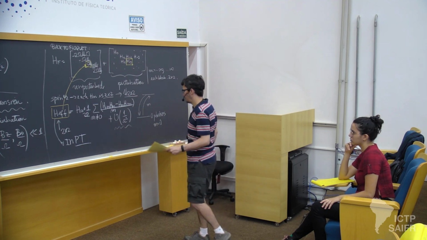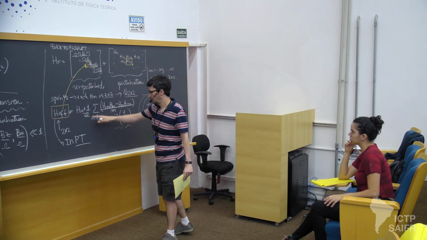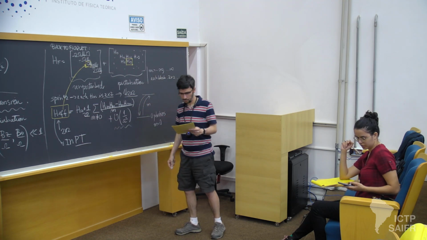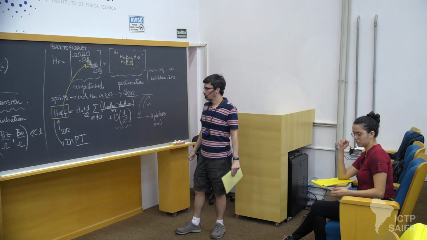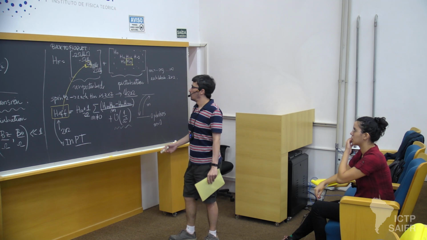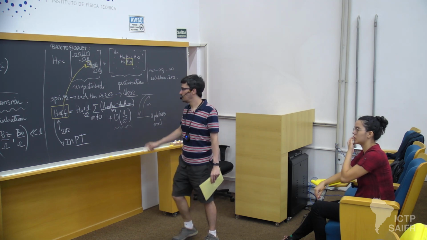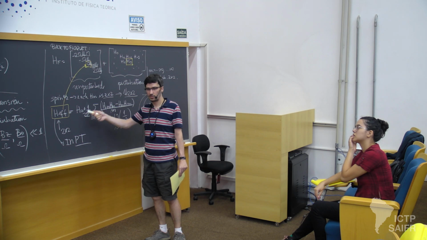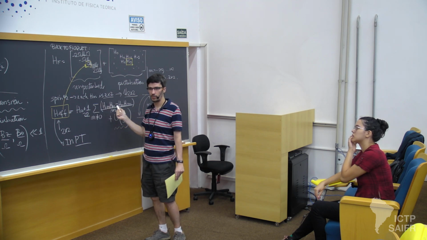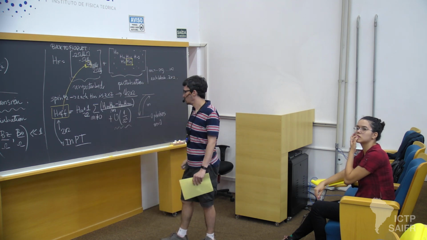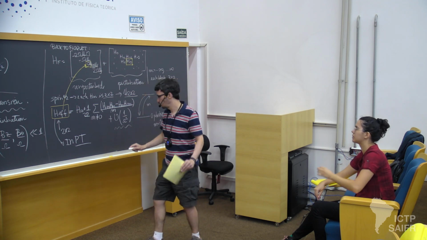We can discuss this in more detail later. I think it comes from the structure of the perturbation. It doesn't come from the energy denominators. I think it comes from this expansion in the perturbation theory. That's right, yes. Okay, that's a shorter answer, yes.